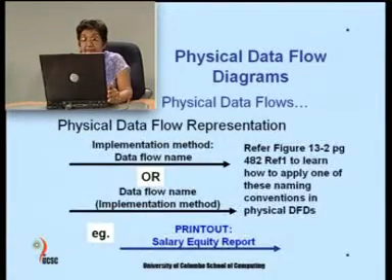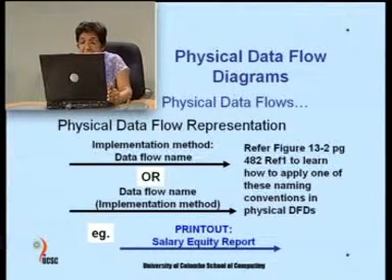And for the physical data flow representation, again you have to write the implementation method, for example, printout, salary equity report. You can also refer to figure 13.2, page 482 in reference 1 to learn how to apply one of these naming conventions in the physical DFDs.